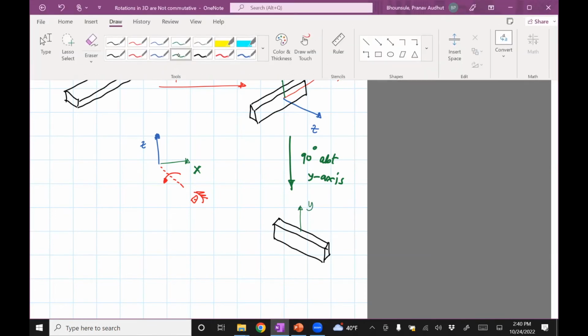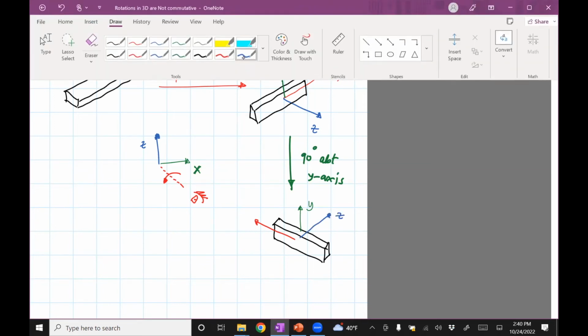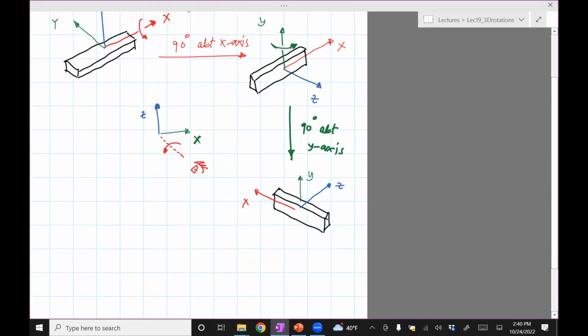Now let's think about what happens to x and z. x is going to be this way, and then z is going to be this way. Okay, so this is how we end up if we do two successive rotations about x and y.